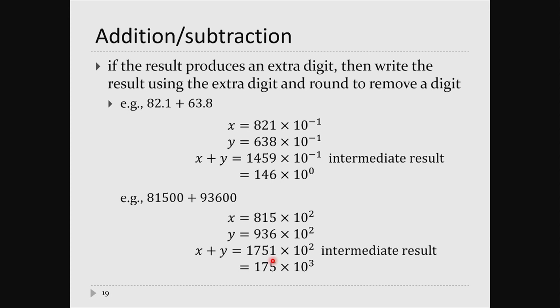I have to round that to 3 digits, so it becomes 175.1 times 10 to the 3. Round the 175.1 to the nearest integer, and that's 175. And away you go. So I'm keeping the extra digit when we're adding things together, and the sum causes the order of magnitude to change.